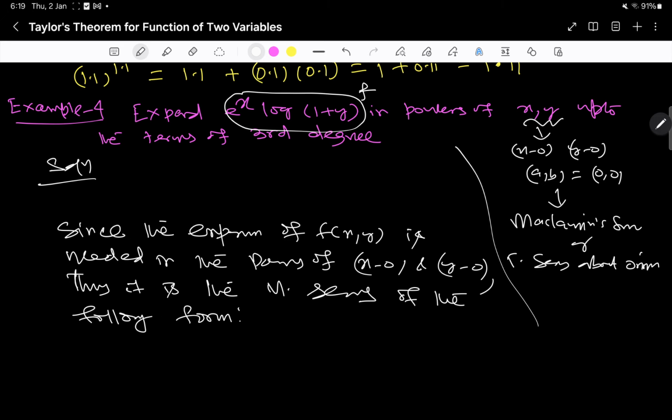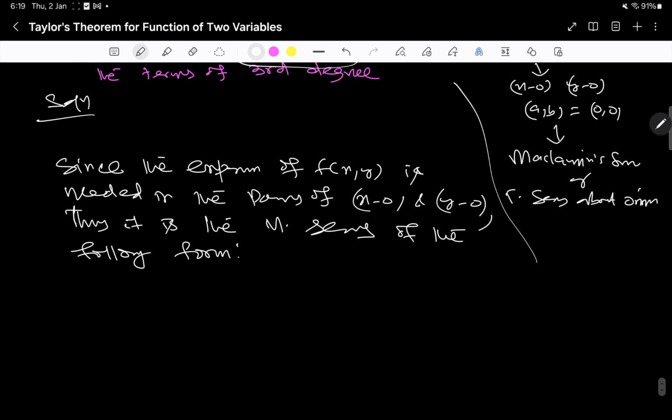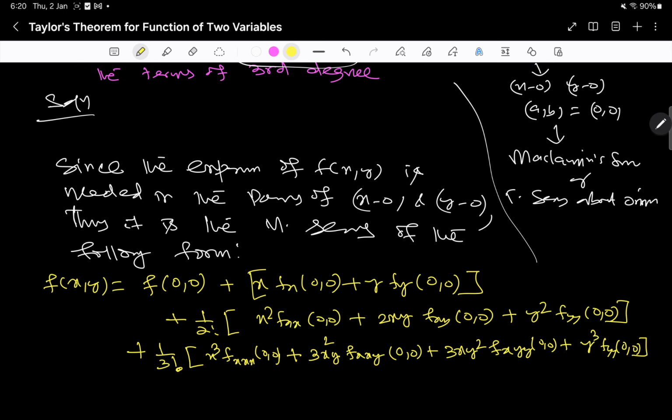We are writing it up to third degree. So here is the Maclaurin series expansion about the origin up to third degree.